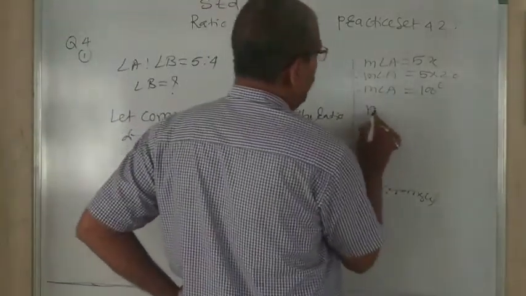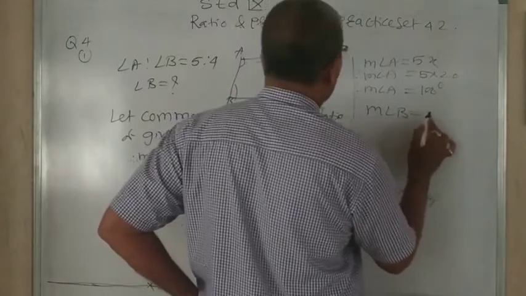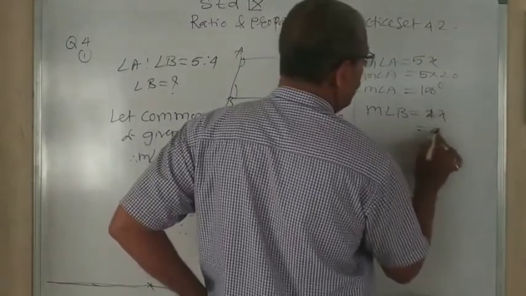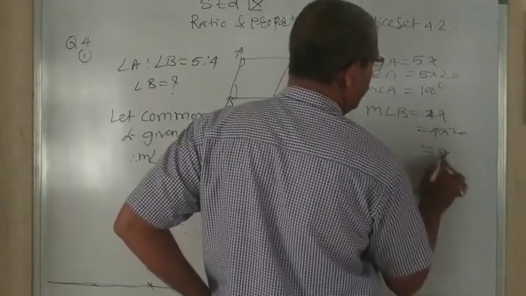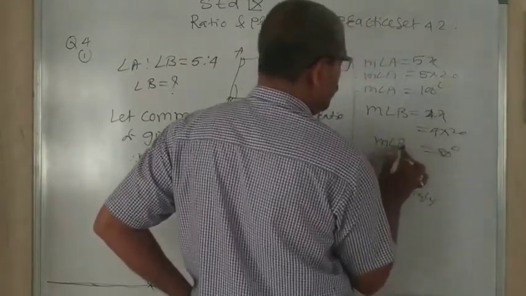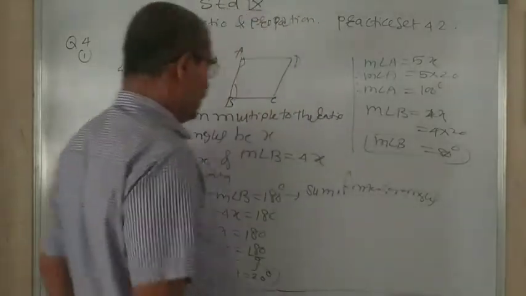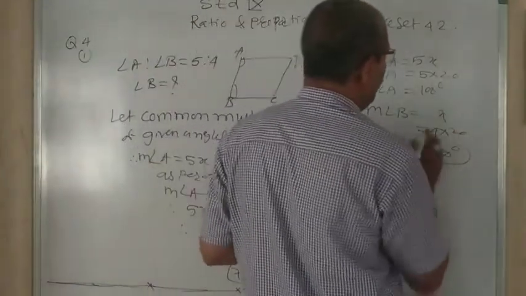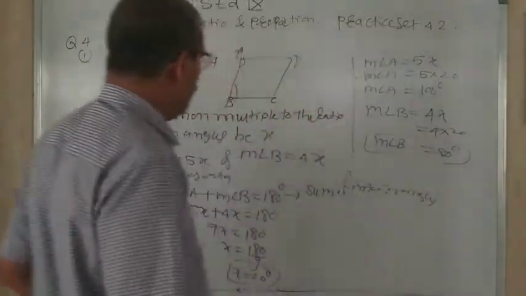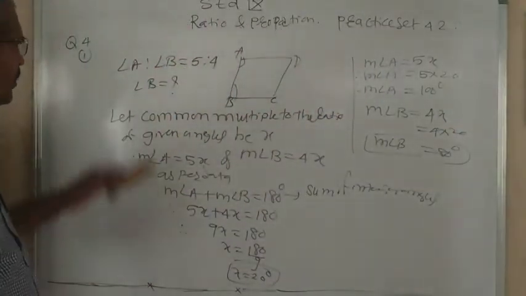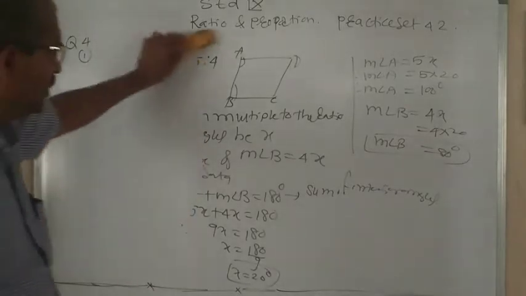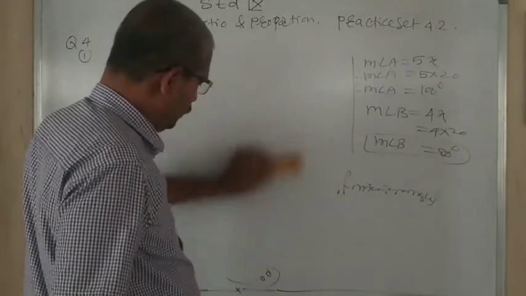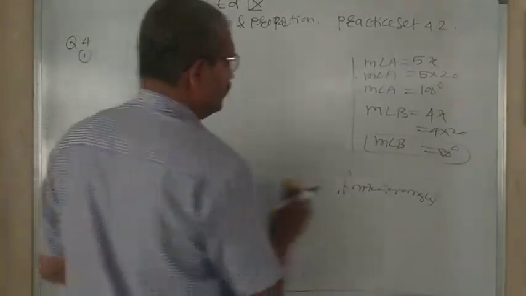Similarly, measure of angle B is equal to 4x, so 4 into 20, you will get measure of angle B is equal to 80 degrees. So in any such question, only the ratios change, the rest can be constant. So no matter, you are able to solve such questions.